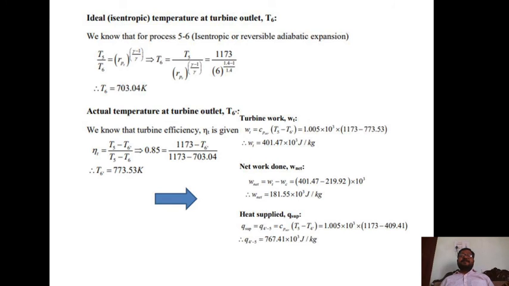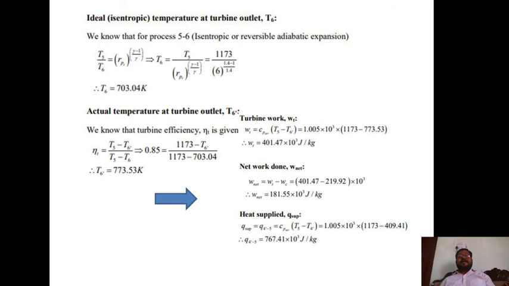In some cases the Cp of the flue gases is mentioned in the statement of the problem. At that time, Cp of the air you should not take in the turbine work calculation, right? If the Cp of the exhaust gases is mentioned, you have to take that. Otherwise, if he has not given it, you can take your own value, that is the standard value of the air.